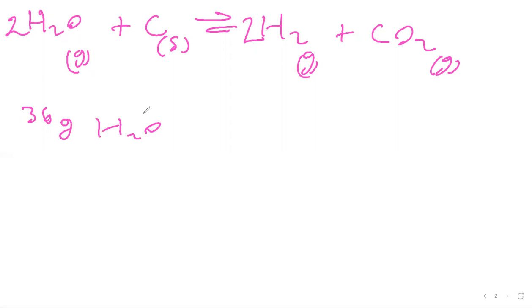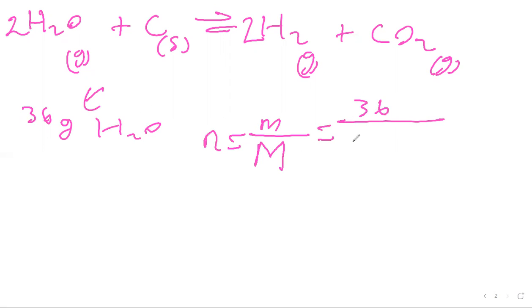Since on the chemical equilibrium table we deal with number of moles, why don't we just convert this into the number of moles? So n is equal to mass over molar mass. Mass is 36 as given.